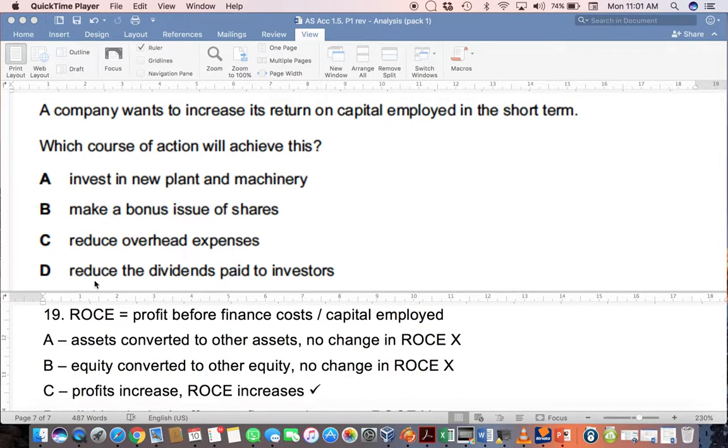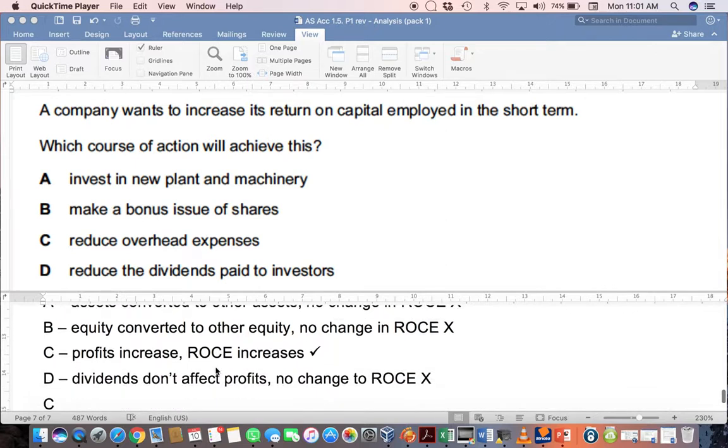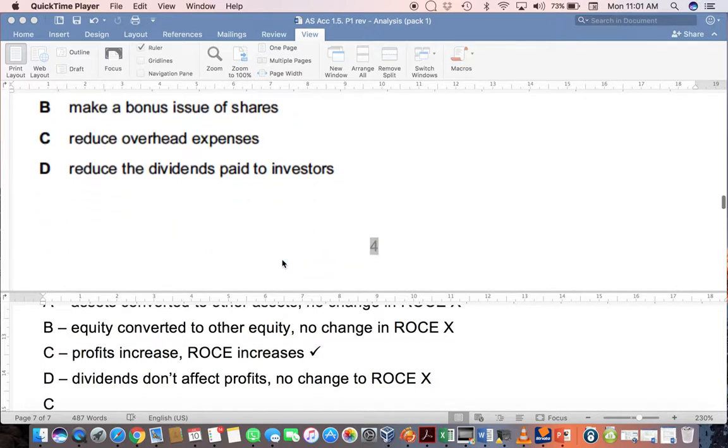Lastly, D: if you reduce the dividends paid to investors, remember that dividends are not actually an expense of the business and therefore do not affect the profits. As such, there would be no change to the return on capital employed, so D is not an option, and we would therefore choose C as the answer.